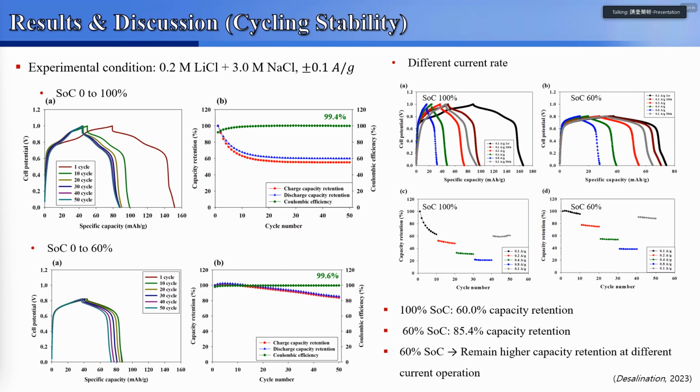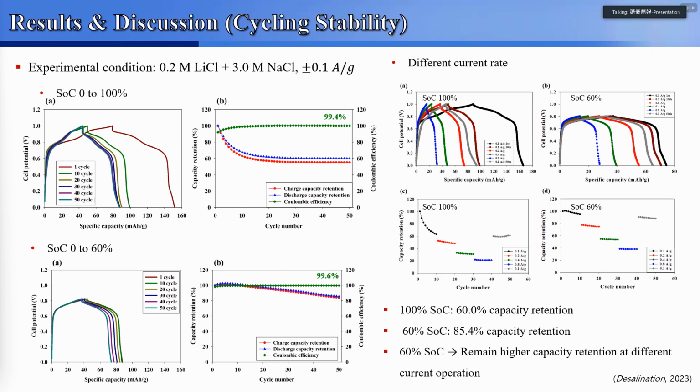The lower figure shows the cycling result of 60% SOC control. As you can see from the capacity retention data, the capacity is gradually reduced and remains at 85.4% capacity retention after 50 cycles.